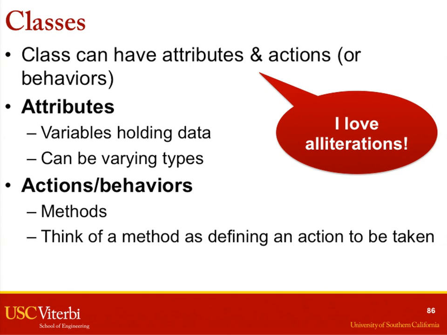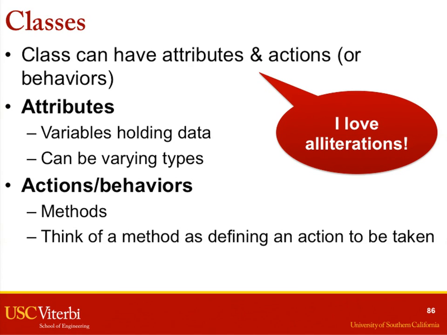I mean, you can read it, but think about it. They basically have data members, which are your variables, and they have methods. Those are the two things that classes have, and they're contained in that class. They have attributes and they have methods. I love alliterations, so I always say attributes and actions. I made this slide, obviously.